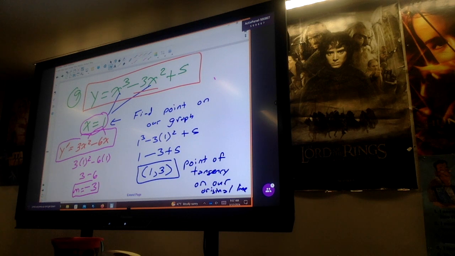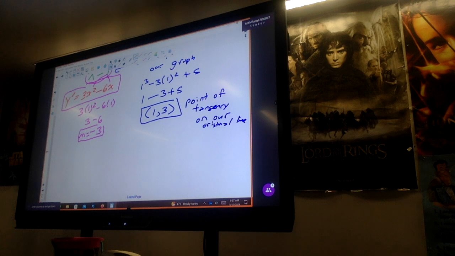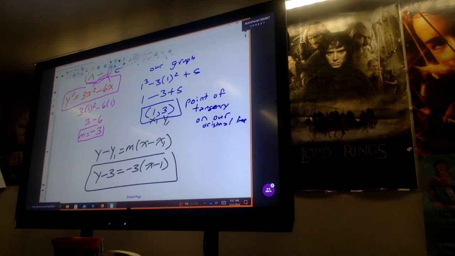So now someone said we need to go to point slope. Okay? This is x1, this is y1, this is my slope. y minus y1 equals m times x minus x1. So I'm going to get y minus 3 equals negative 3 times x minus 1. This is my point slope linear equation that will have that point of tangency.